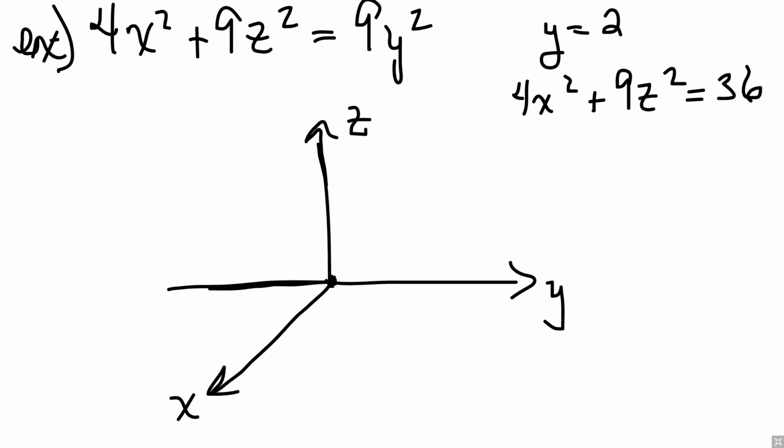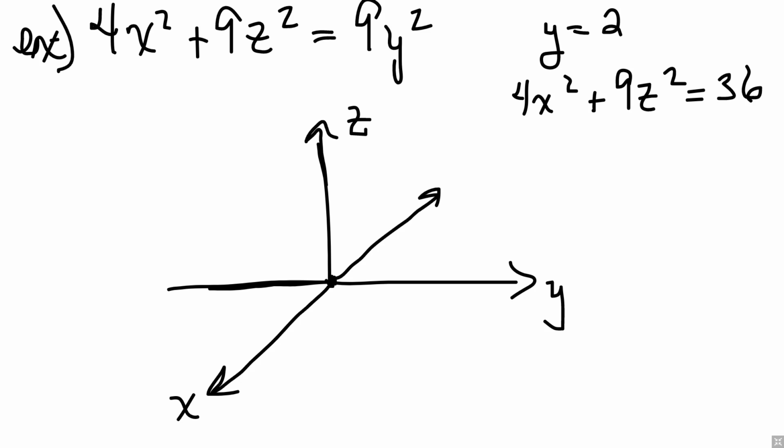So essentially, what is this going to be dealing with? A graph of? It's going to be dealing with a graph of an ellipse. But keep in mind that it's going to be in the XZ plane.